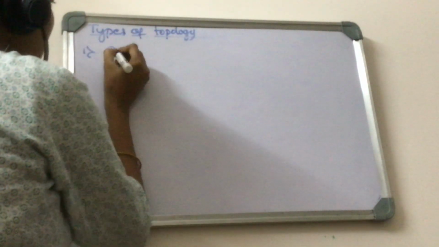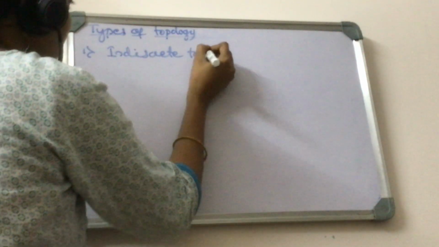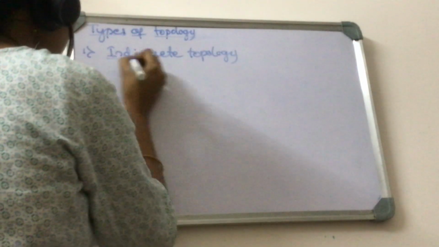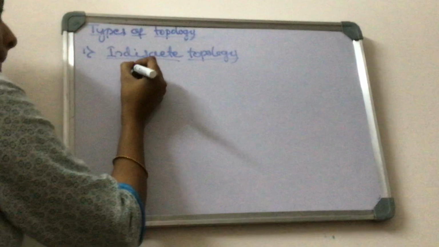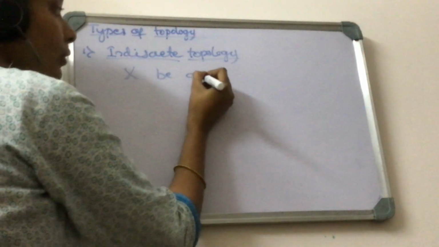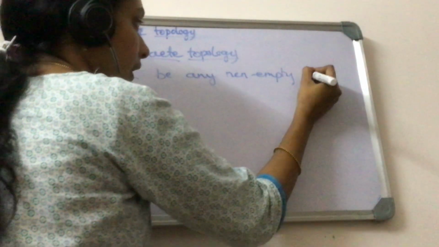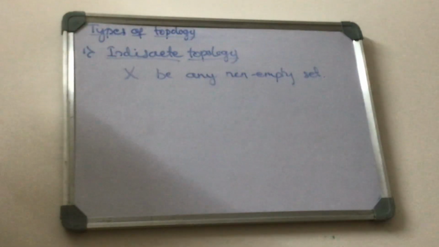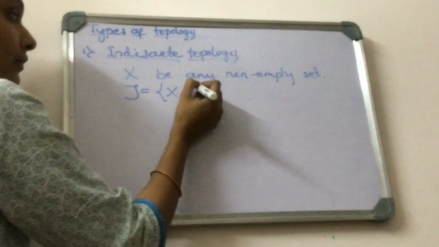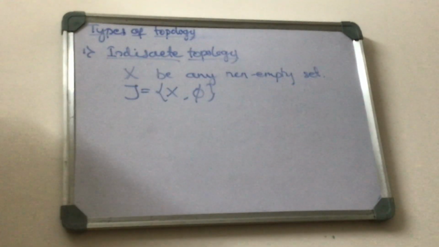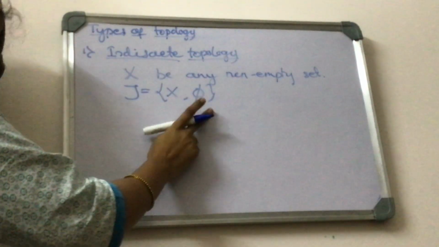First one is indiscrete topology. Let X be any non-empty set. So topology definition, we will go the same way. But here what will be there is the collection tau is equal to {X, phi}. Okay, collection of subsets is containing only two elements, that is X and phi.